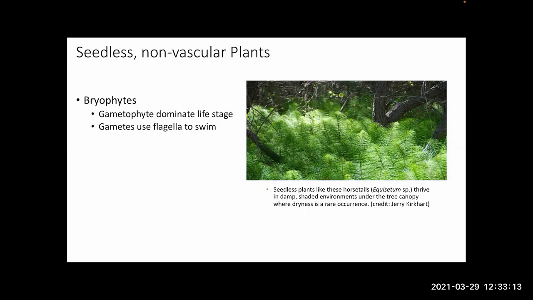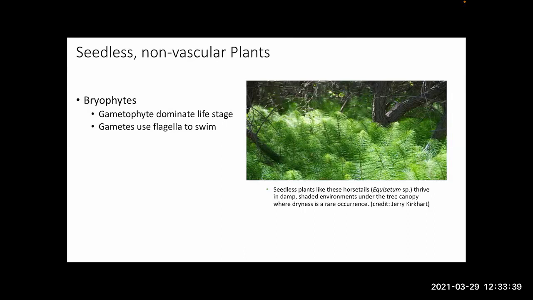So these seedless, non-vascular plants have a gametophyte dominant life stage, meaning that they are haplontic. Whenever you see that organism growing, if you look at a moss plant, a moss mat, you are looking at the gametophyte life stage.